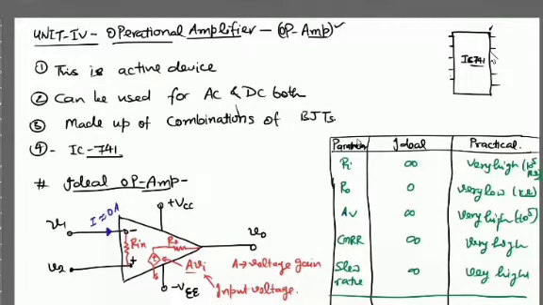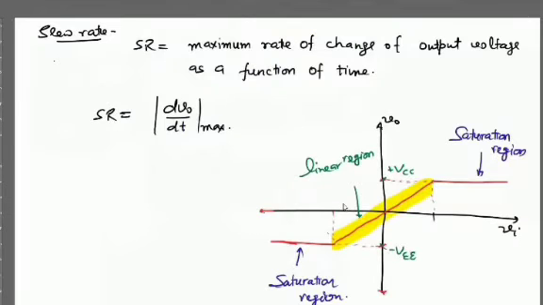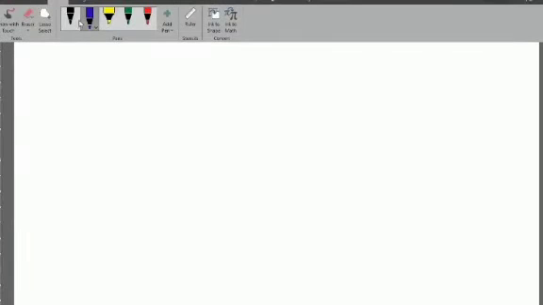The definitions can be asked, and they can ask you to draw the equivalent circuit of an ideal op-amp. You must also keep the characteristics and the different regions of operation of the amplifier in your brain so that you can compete somewhere.